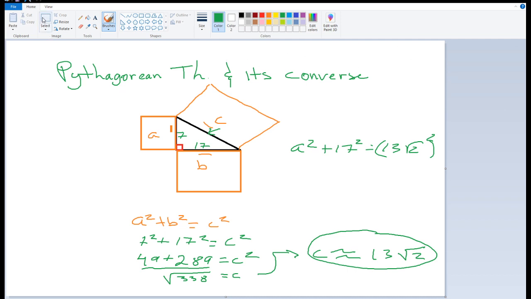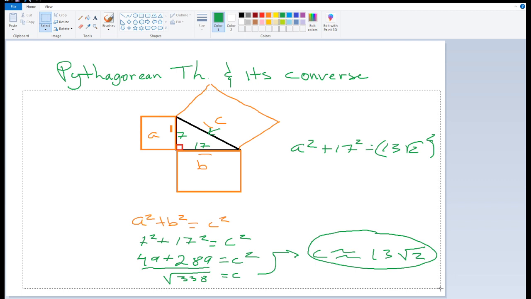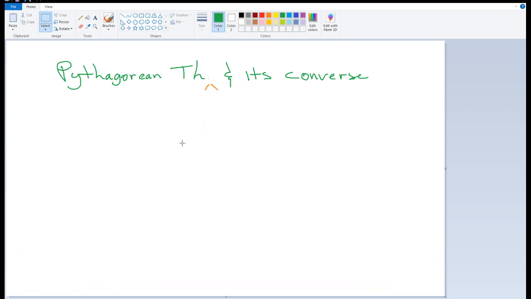The next part we need to look at is something called the Pythagorean triple. Let me write down the actual definition here.